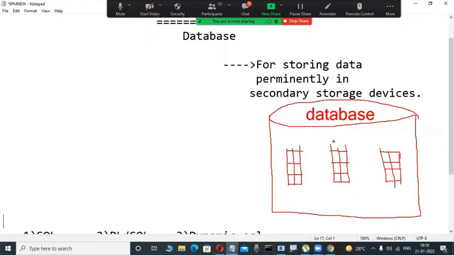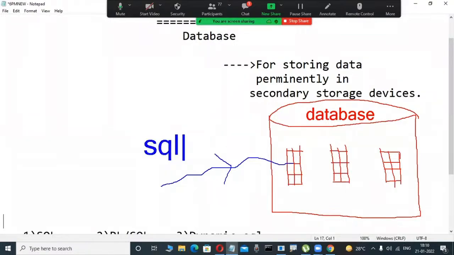That's why a structured collection of data is stored, and we operate on this data using SQL, a language, structured query language.